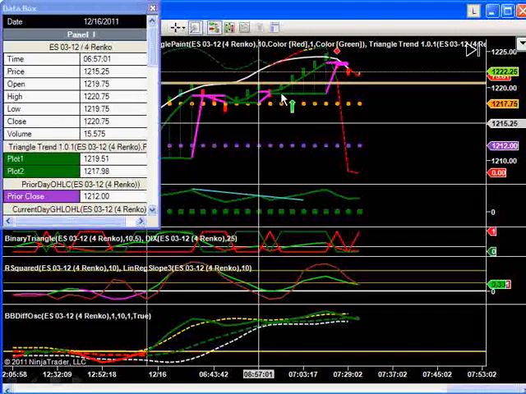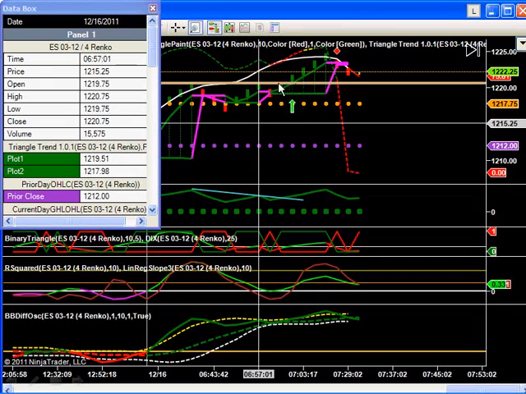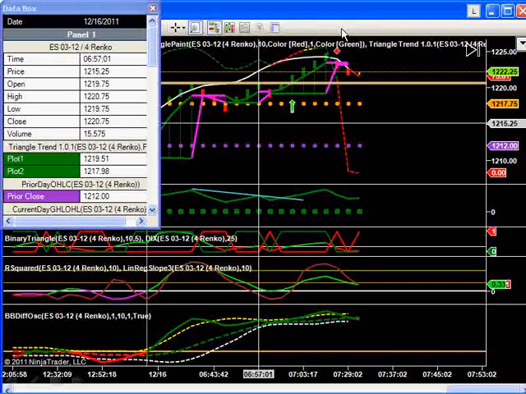So I set the buy stop at 1221, and that's where I entered this trade right here, and then I got out up here for a couple points profit.